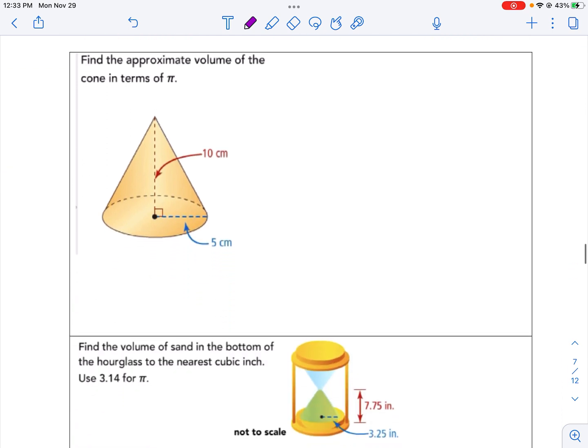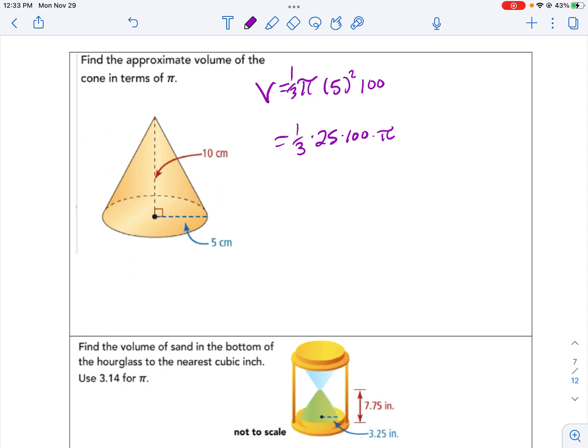Find the approximate volume of the cone, leave in terms of pi. So approximate means we are going to round. So volume equals 1/3 pi times radius squared times height. So I have 1/3. We're leaving in terms of pi, so again, I'll leave pi at the end.